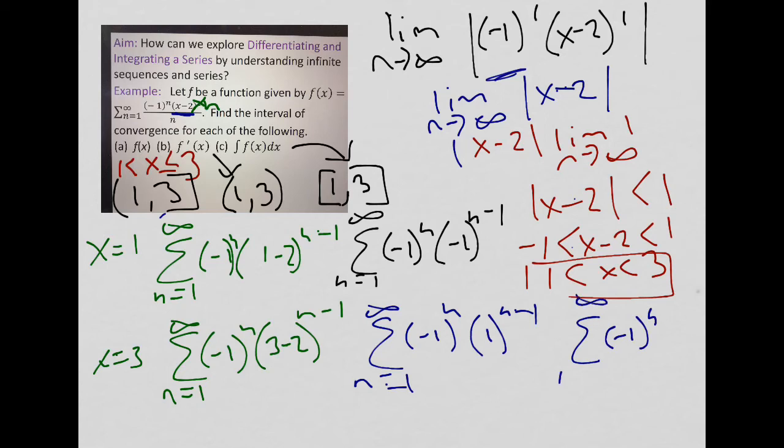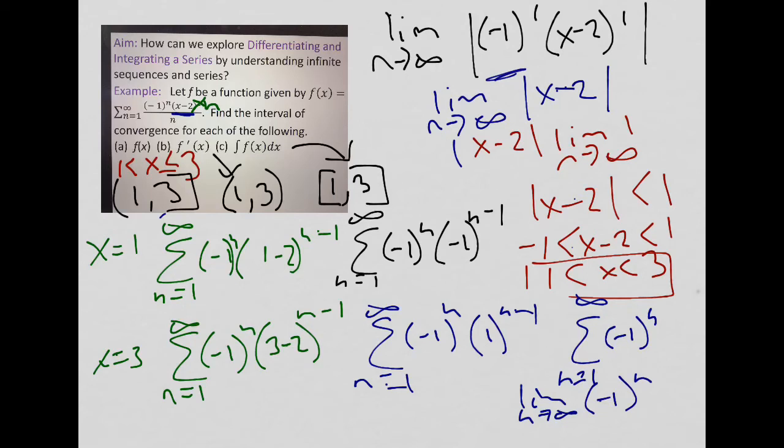And by the nth term test once again, we end up taking the limit of this expression as n approaches infinity. So you're going to end up getting not 0.